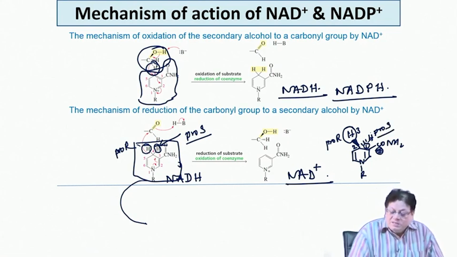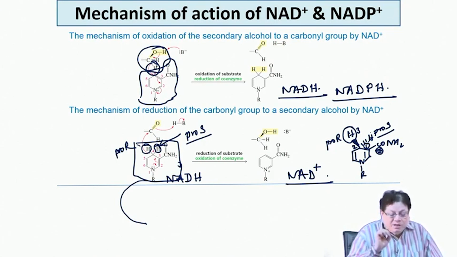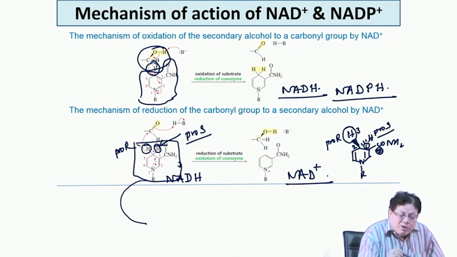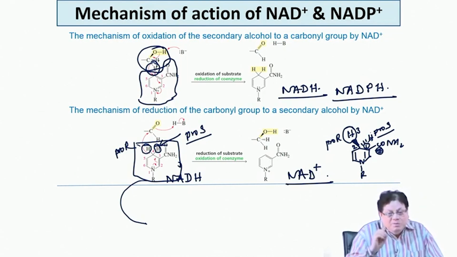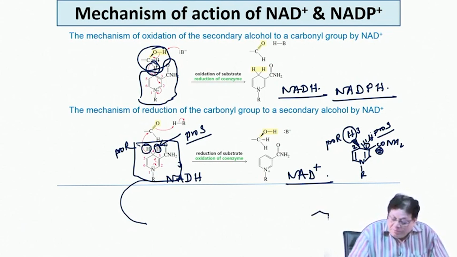So, in all these reactions, it could be the pro R hydrogen attacking the carbonyl carbon, or here also there will be pro R and pro S hydrogens. One of these hydrogens only will be transferred.